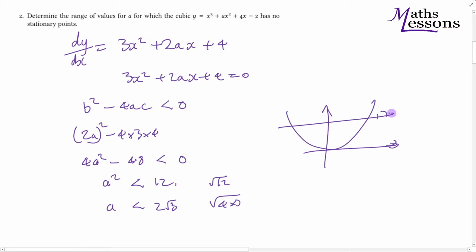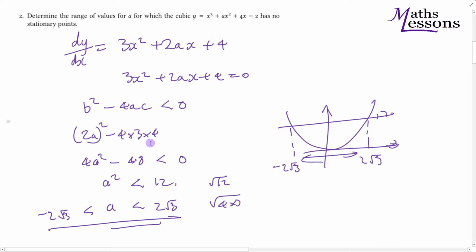So a squared is less than 12 here. 2 root 3 is one critical value, and also minus 2 root 3 is the other critical value. So it's going to be between those two values. And that's our answer. So, next question.